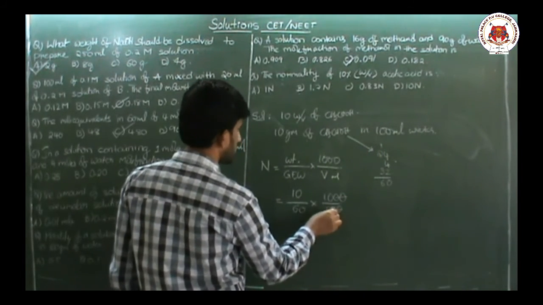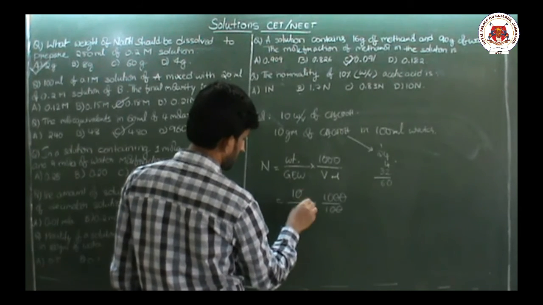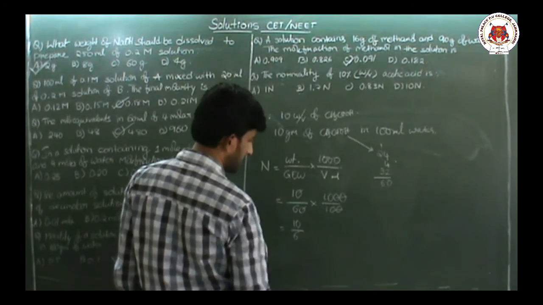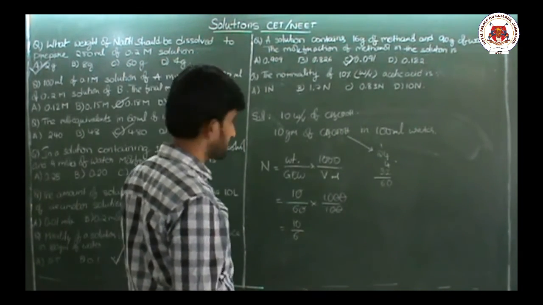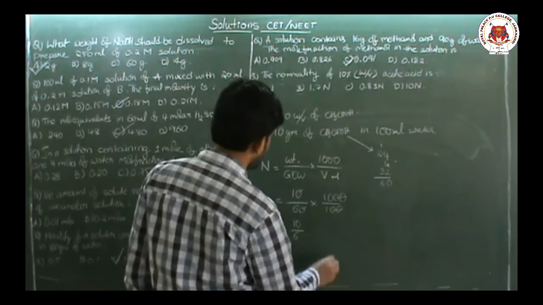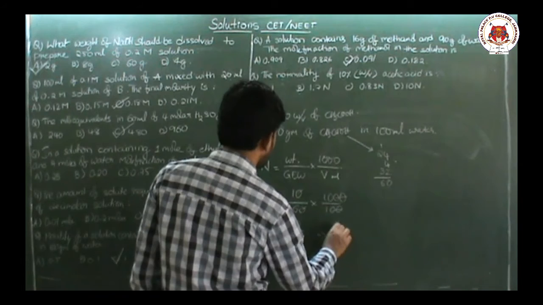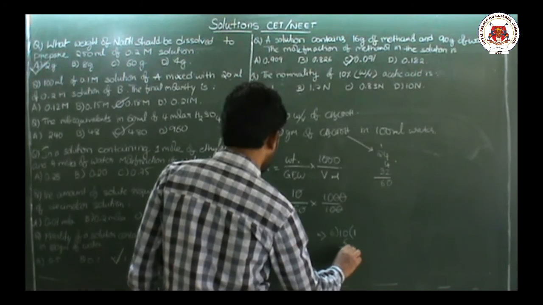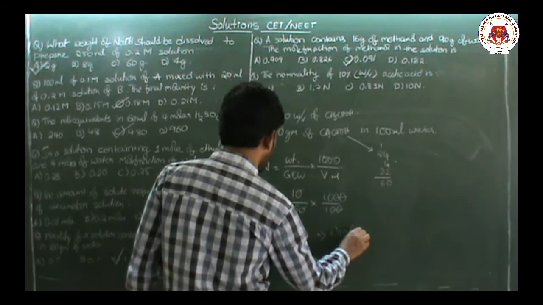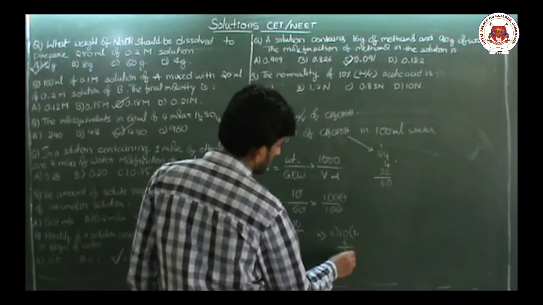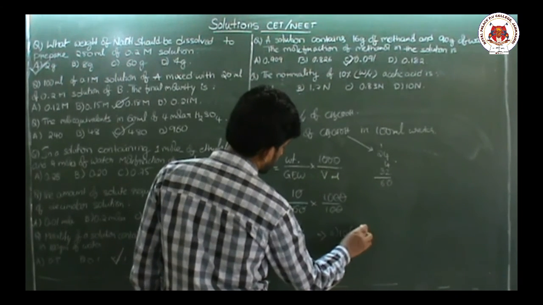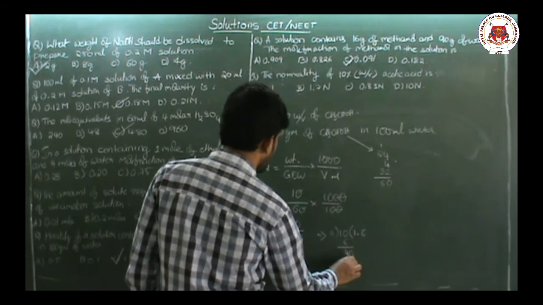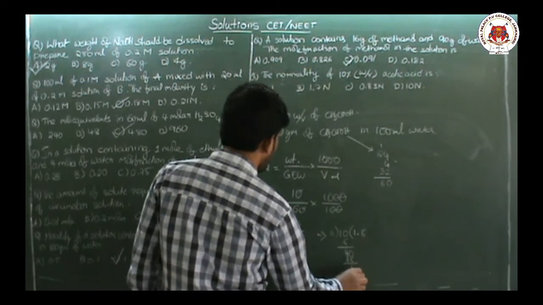So these two zeros cancel, and it is 10. So what will be there? 10 by 6 is the normality. 10 by 6 means what will be that? 1 time, and then 4, we need to take point. 6 into 6 is 36, again 4, again 0.